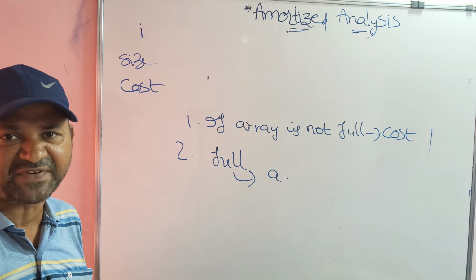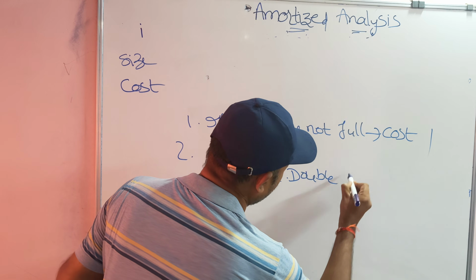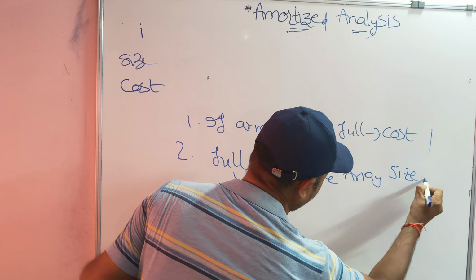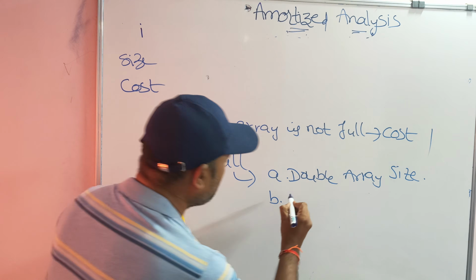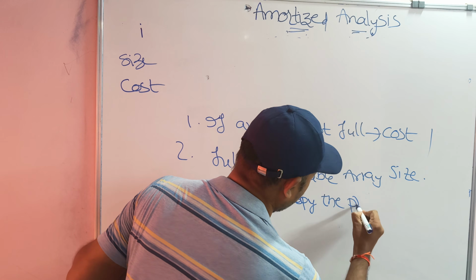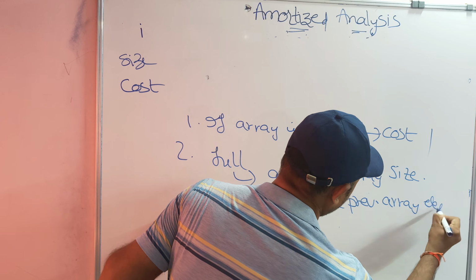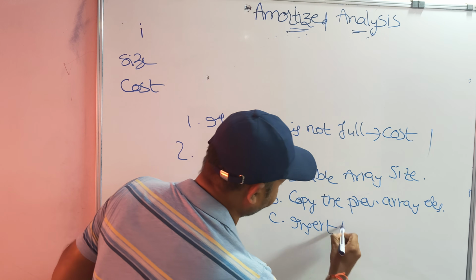First, double the size of the array. Next, second one, copy the previous array elements. Next, third one, insert the array element.